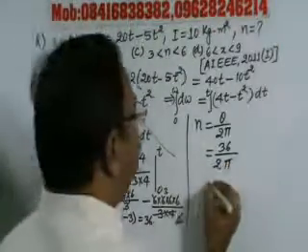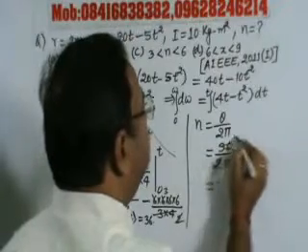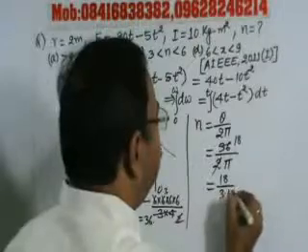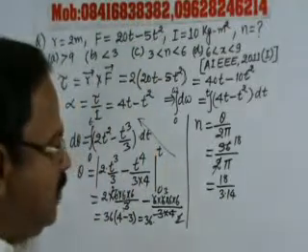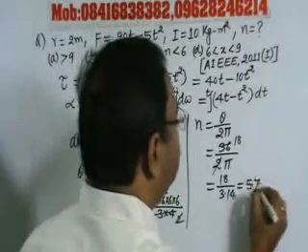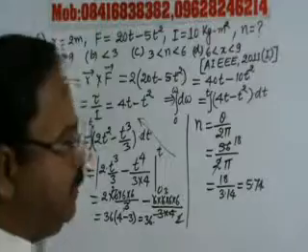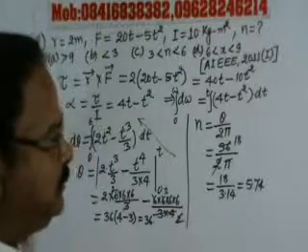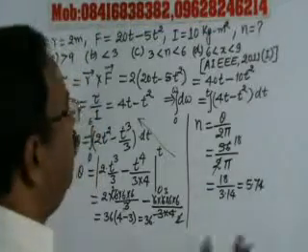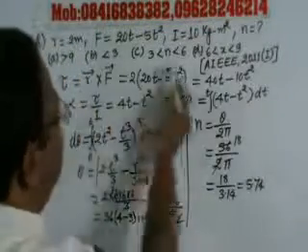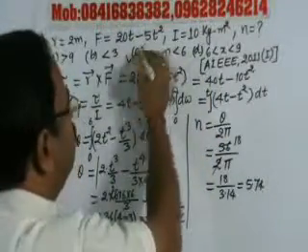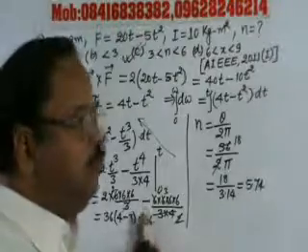So this is 18 by 3.14, which is equal to 5.74. The number of rotations will be equal to 5.74. So 5.74 means it is more than 3 and less than 6. So what will be the correct option? The correct option is option C.